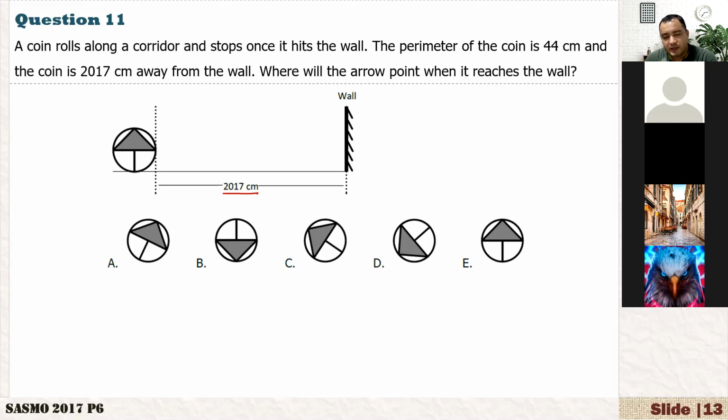Ayhan, no, that's not correct. Hint for you, 2017 is equal to 44 times 45 plus 37.